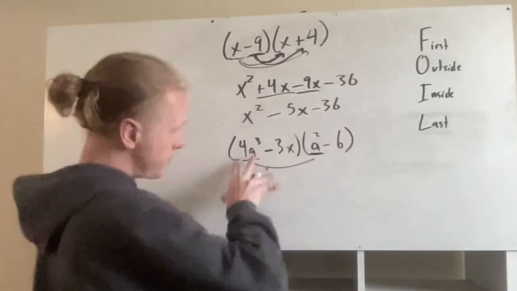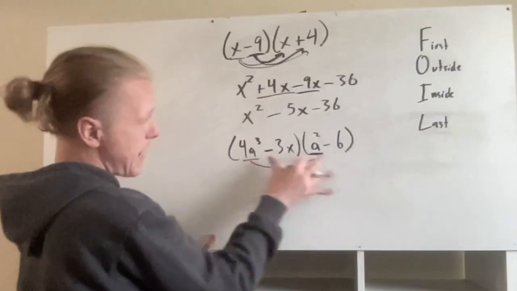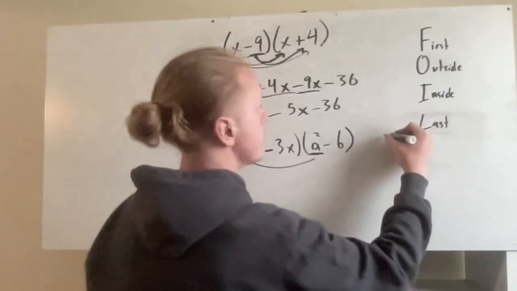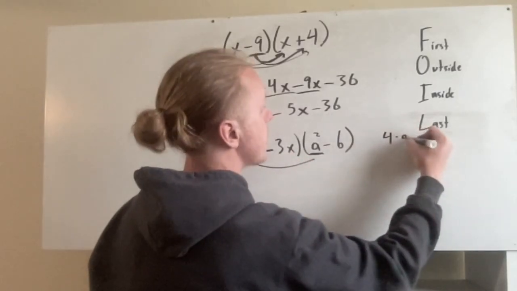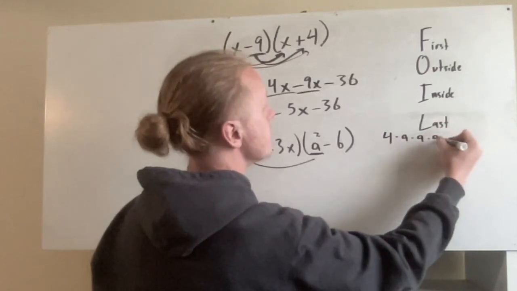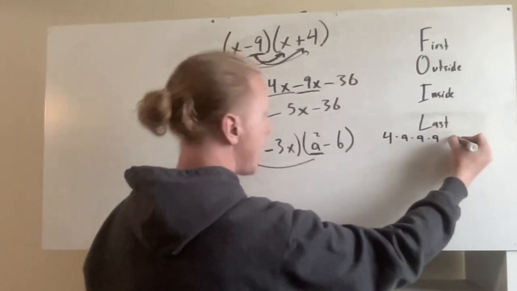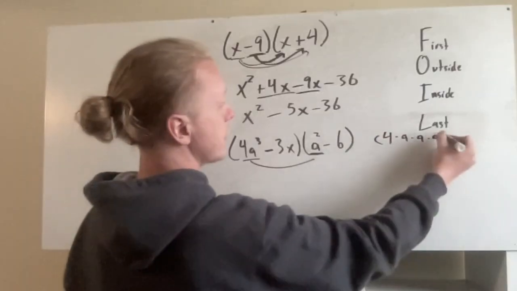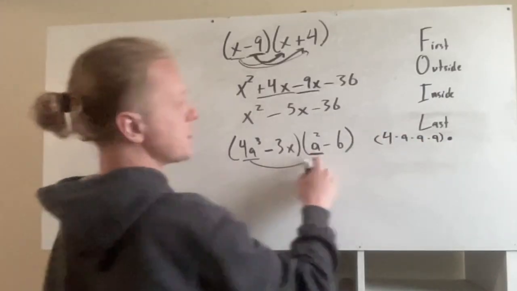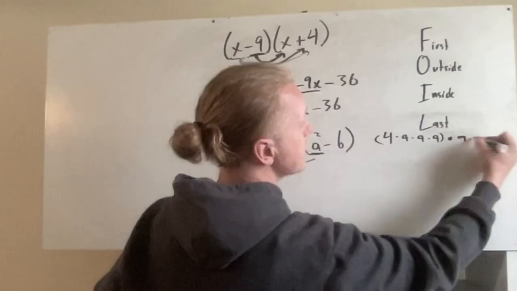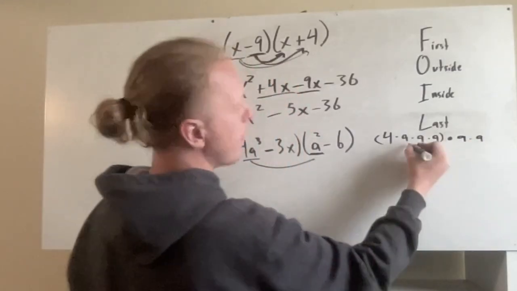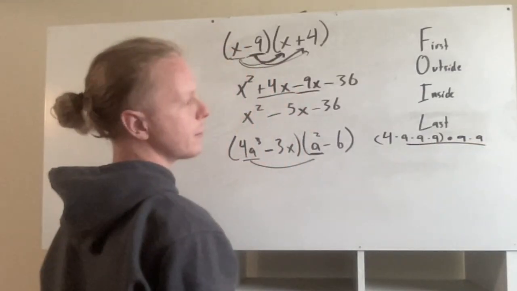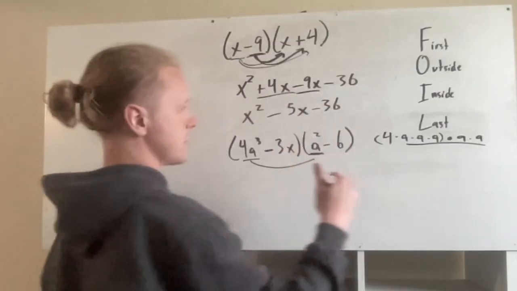Well, let's just review to make sure we understand what our answer is going to be. So 4a to the third is 4 times a times a times a, times, right, here's 4a to the third, times a squared. So times a times a. Well, now how many times am I multiplying a by itself? 5 times, right?